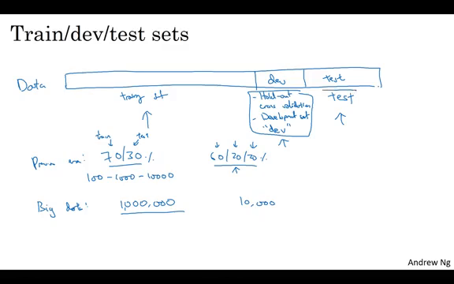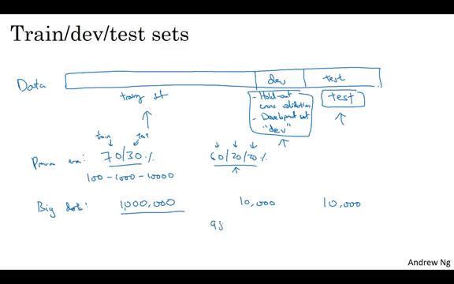And in a similar vein, the main goal of your test set is, given your final classifier, to give you a pretty confident estimate of how well it's doing. And again, if you have 1 million examples, maybe you might decide that 10,000 examples is more than enough in order to evaluate a single classifier and give you a good estimate of how well it's doing. So in this example, where you have 1 million examples, if you need just 10,000 for your dev and 10,000 for your test, your ratio would be more like this: 10,000 is 1% of 1 million.